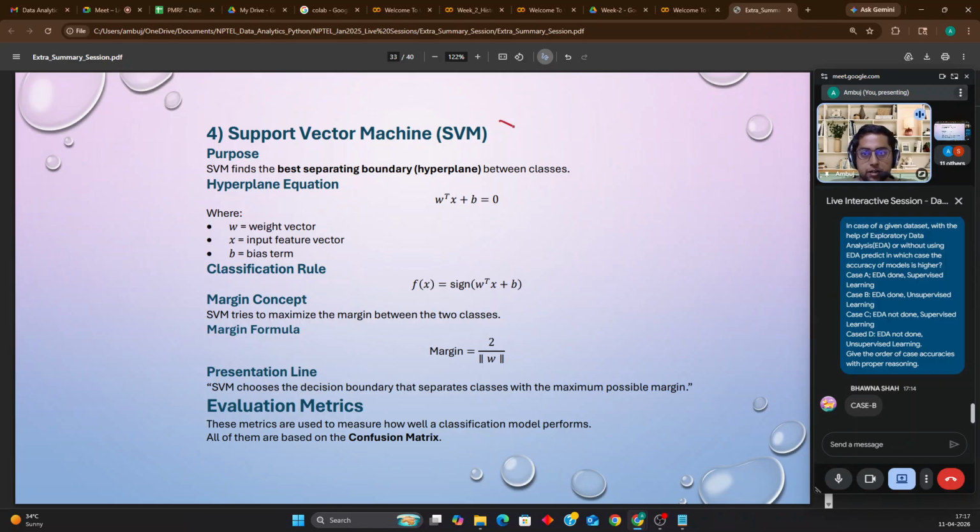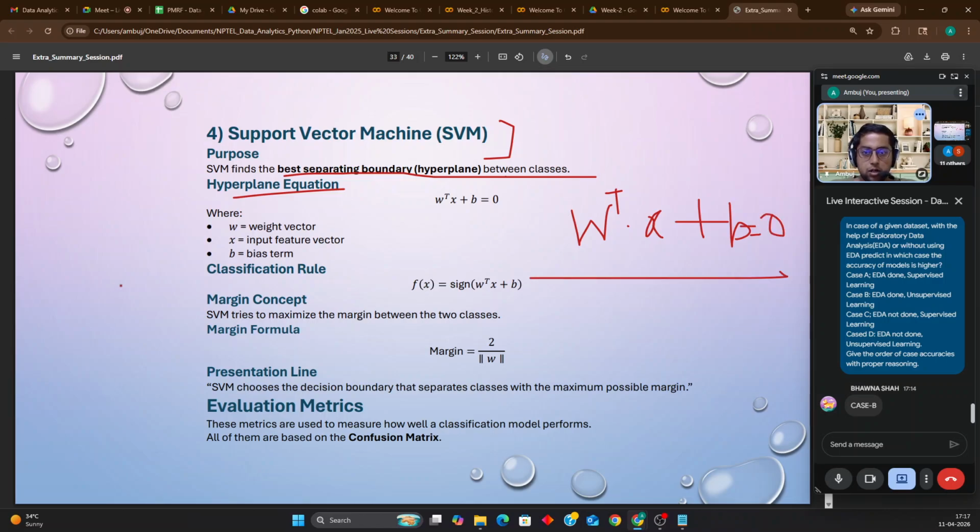In case of the support vector machine, SVM will find the best separating boundary, or hyperplane, between the classes. The hyperplane equation is w transpose x plus b equals 0, where w is the weight vector, x is the input feature vector, and b is the bias. The classification rule is the sign of this hyperplane function.